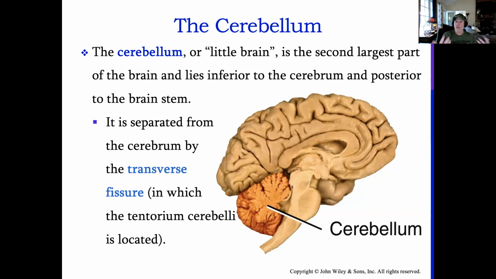The cerebellum helps to hold us upright. It's going to play a huge role in equilibrium and balance, which is why when you consume alcohol, your equilibrium and your balance is so severely affected, because the cerebellum is one of the parts of the brain that is very, very highly affected by alcohol intake.